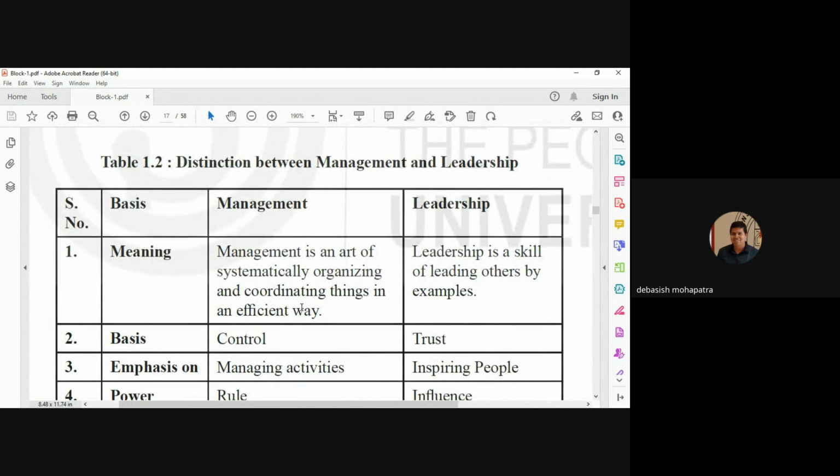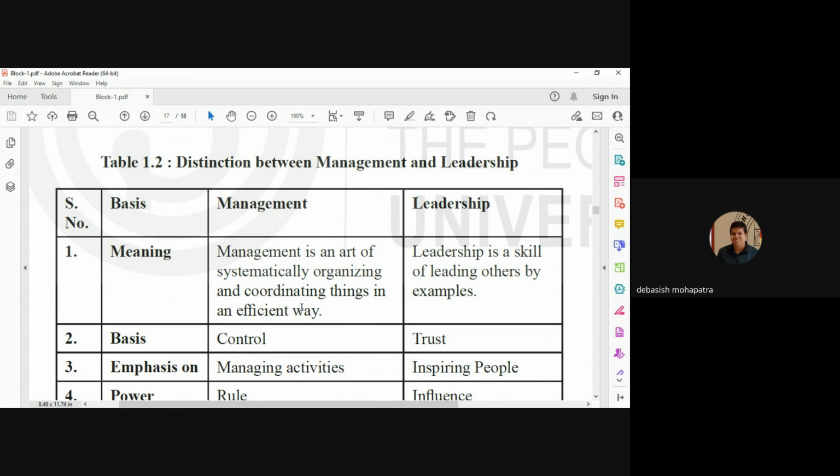Okay. So management is the art of systematically organizing and coordinating things efficiently. But when it comes to leadership, it is a skill of leading others by example. Management means control, but leadership means trust. We always trust our leaders. Okay.